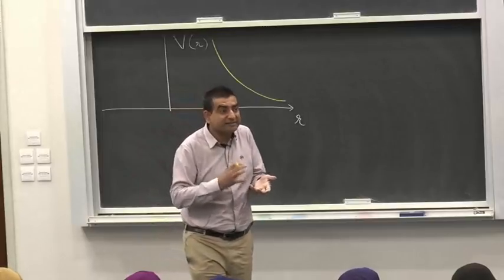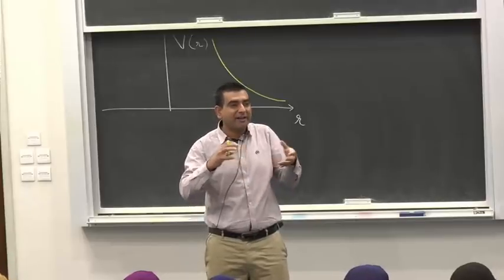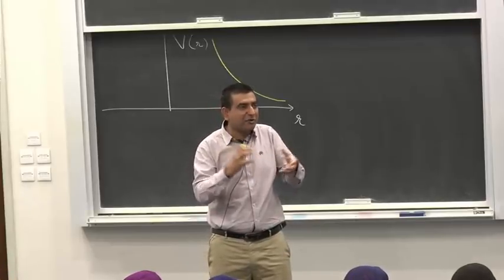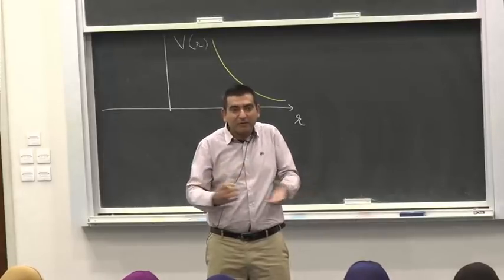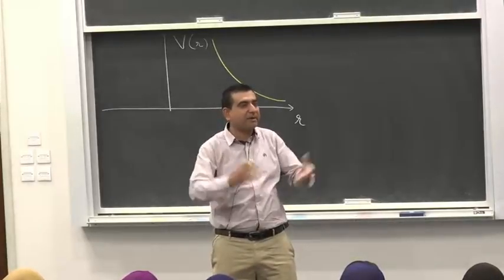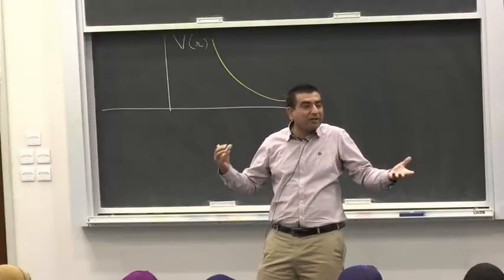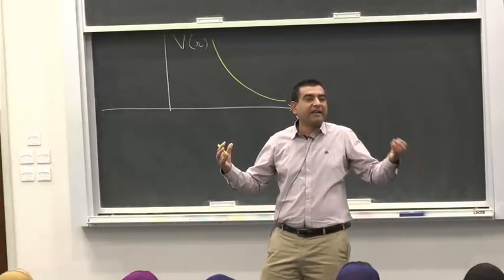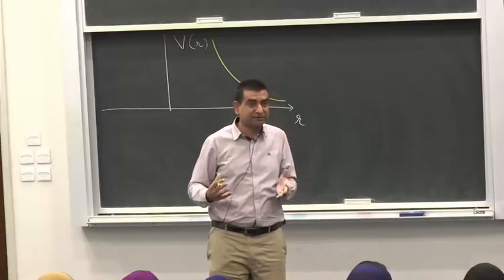So why does the nucleus exist in the first place? If these positively charged particles are all stuck together in a small piece of land which is called the nucleus, they're all positively charged particles. What is keeping them together? Why doesn't the nucleus just fly apart and break away? Because you have positively charged particles. So what keeps the nucleus stable? It's the strong force, the strong nuclear force, one of the four fundamental forces.